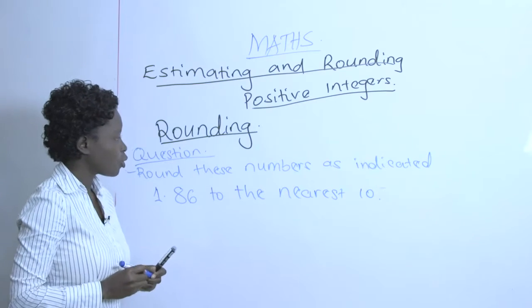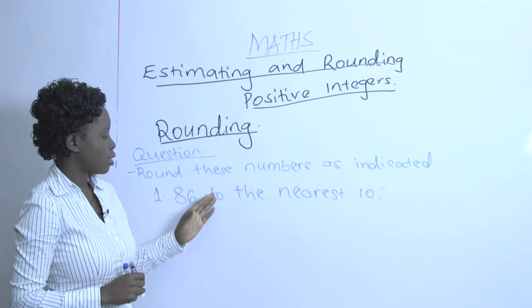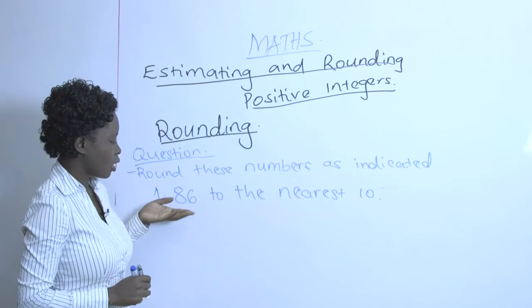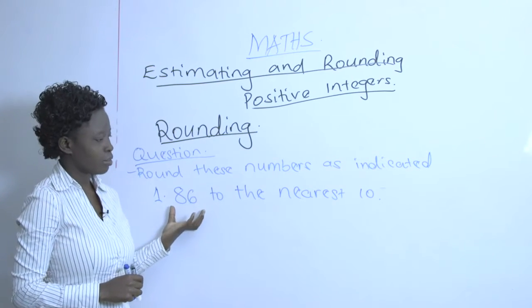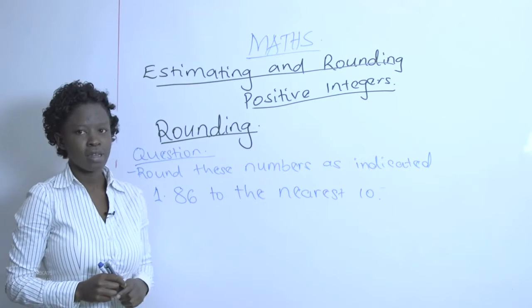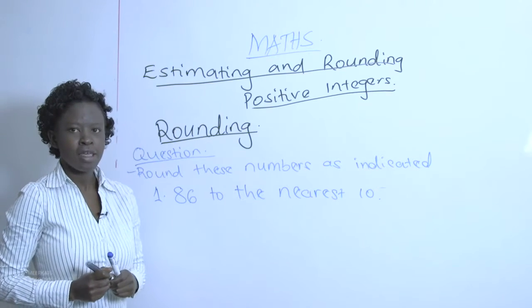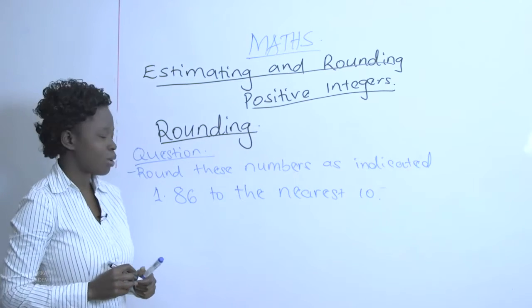So the first question, we are being asked to round the numbers that we've been given as indicated. The first number we have is 86. You are supposed to round 86 to the nearest 10. So as you are rounding 86 to the nearest 10, we need to have knowledge of the place values.